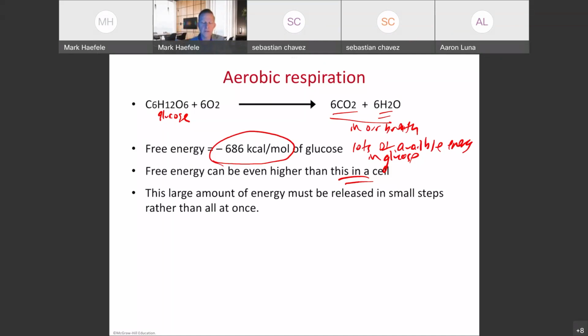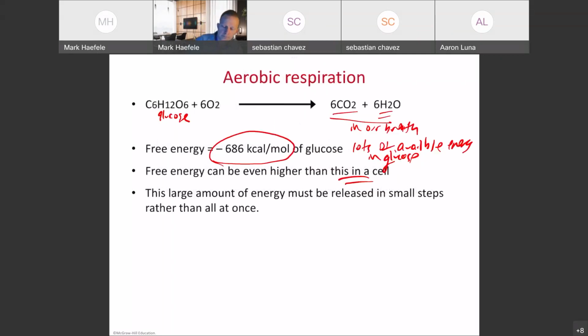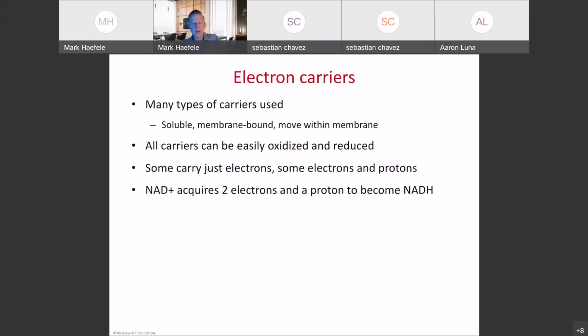So that's essentially what we have to do with these chemical reactions, which is the reason why we have so many steps. So why we have long biochemical steps associated with this.